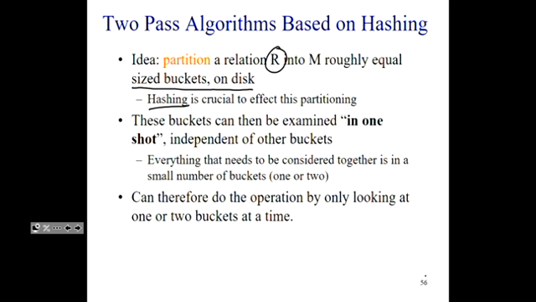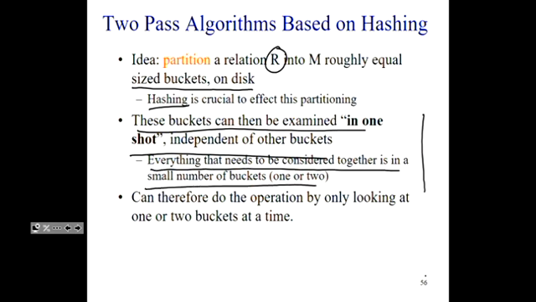Once you have these buckets, the next step is to examine these buckets in one shot, independent of other buckets. So for instance, if you hash based on attribute A, then you know that if you're looking for values corresponding to a certain value of attribute A, you only need to consider one bucket, you don't need to consider other buckets. So everything that needs to be considered together is in a small number of buckets. That's the constraint that this partitioning based on hashing provides you.